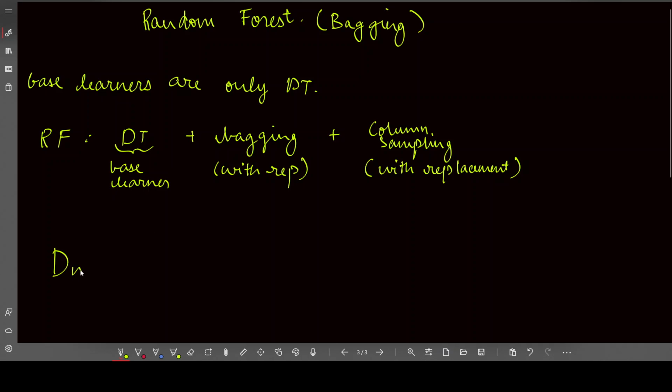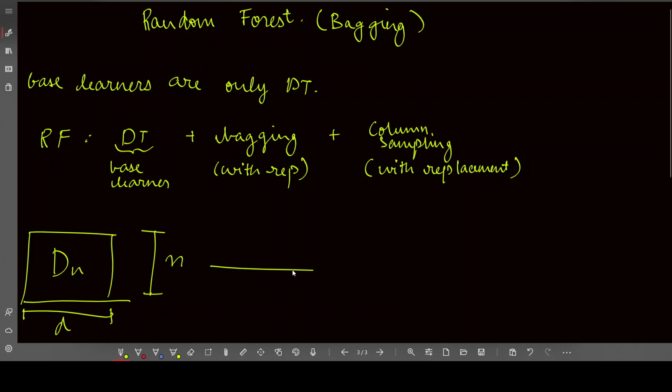So let's say you have a dataset Dn, and the total number of rows in Dn is n, and the total number of dimensions in Dn is d. What you do is you use bootstrap aggregating plus column sampling, which is feature sampling.